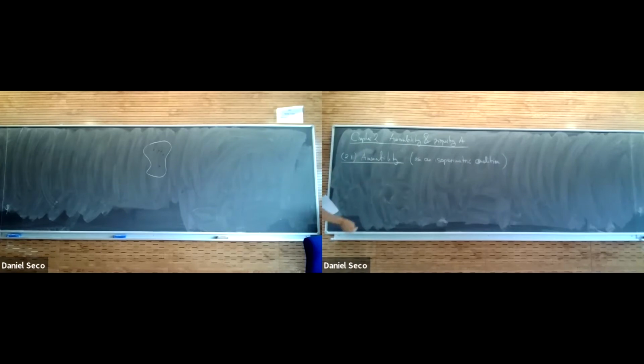Okay, so first I define for you amenability for groups, and then for metric spaces, I comment on how this definition works. Okay, so definition. You have a group which is finitely generated.